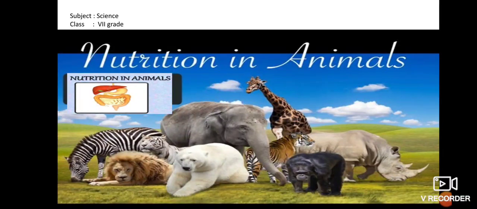In the last class we studied in detail about the mouth and buccal cavity, and after that the esophagus or food pipe. And in the mouth there are three more parts involved in the digestion of food. They are tongue, saliva and teeth. About these also we studied in the last class.